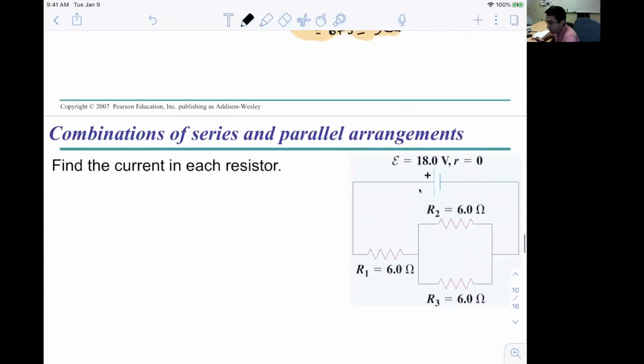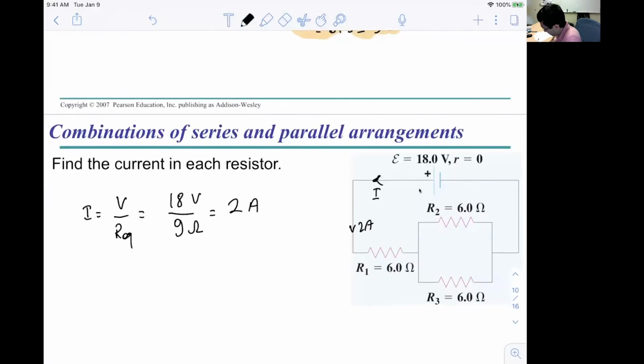Now let's find the current in each resistor. The main current, or the current at the main arm, is going to be V divided by R equivalent, 18 volt divided by 9 ohm. We have 2 amp. So this 2 amp is going to pass through R1. R1 has a current of 2 amp, right? Now you have 2 amp and you must split it.